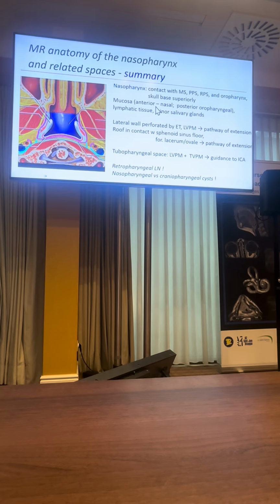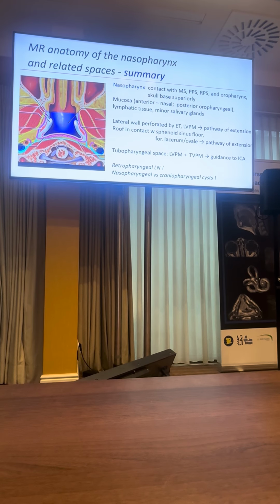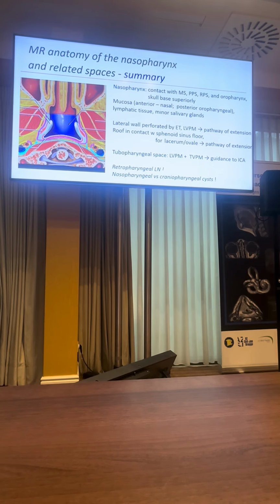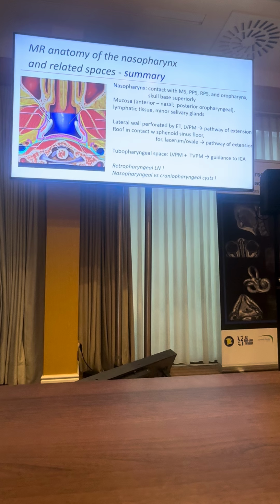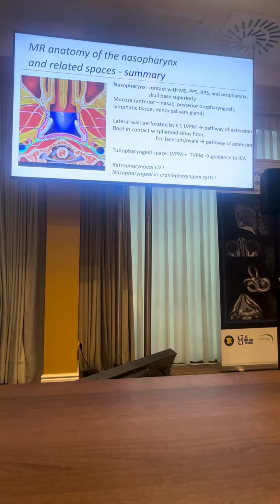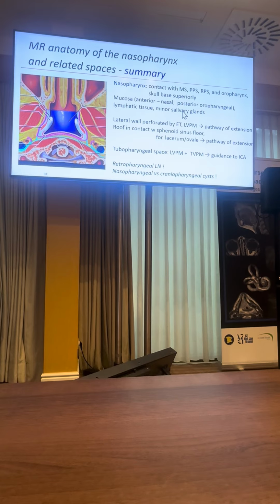It's thicker posteriorly because it's derived from the entoderm and thus resembles the oropharynx mucosa. This kind of mucosa will give rise to very undifferentiated tumors, contrary to the mucosa that is more anterior to the Eustachian tube muscle. We also have minor salivary glands.